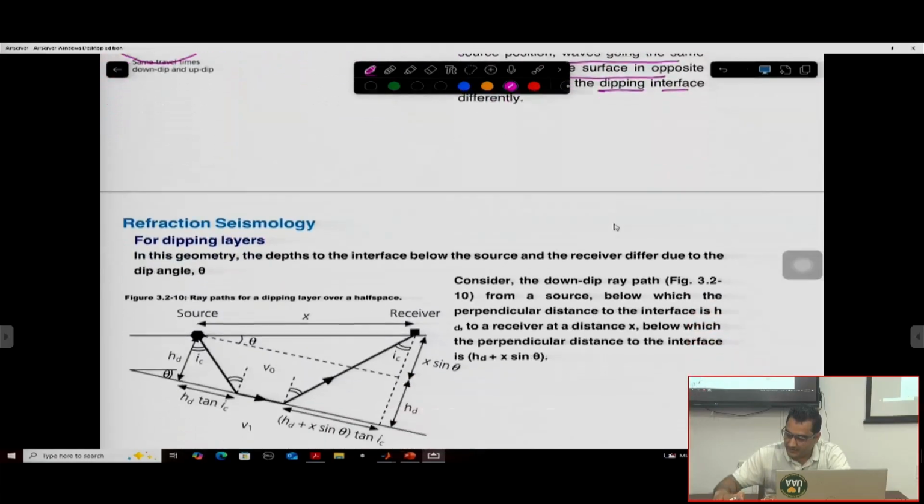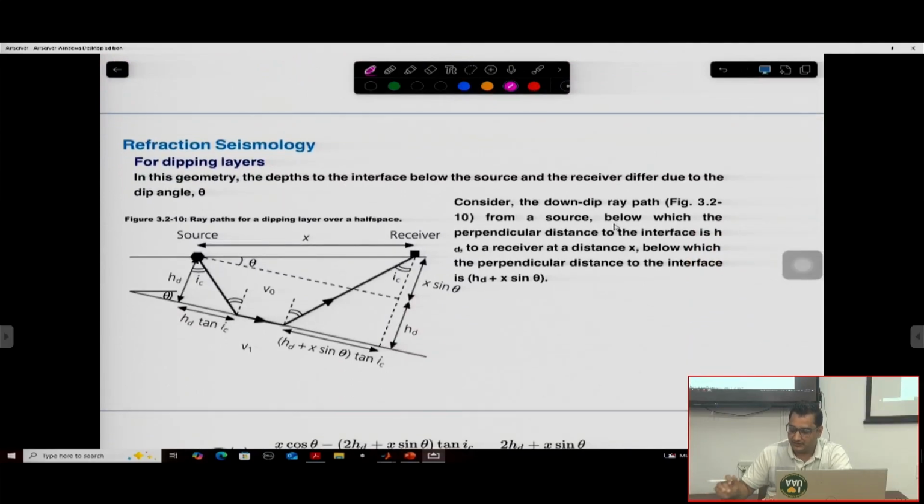Now come to a little bit of mathematics. You see there is this surface here, and there you have the dipping interface. The dipping is happening at an angle theta. Now you have a source and a receiver, and the distance between source and receiver is x.